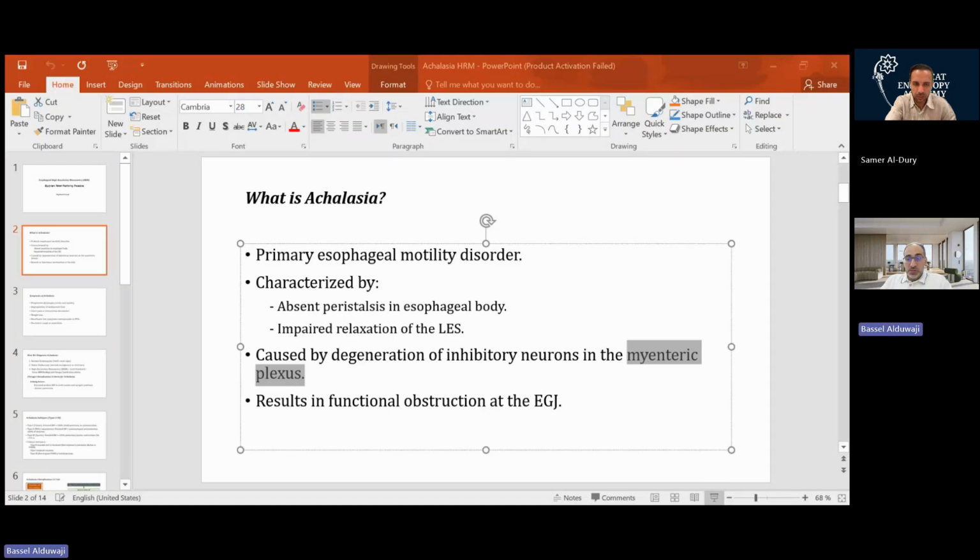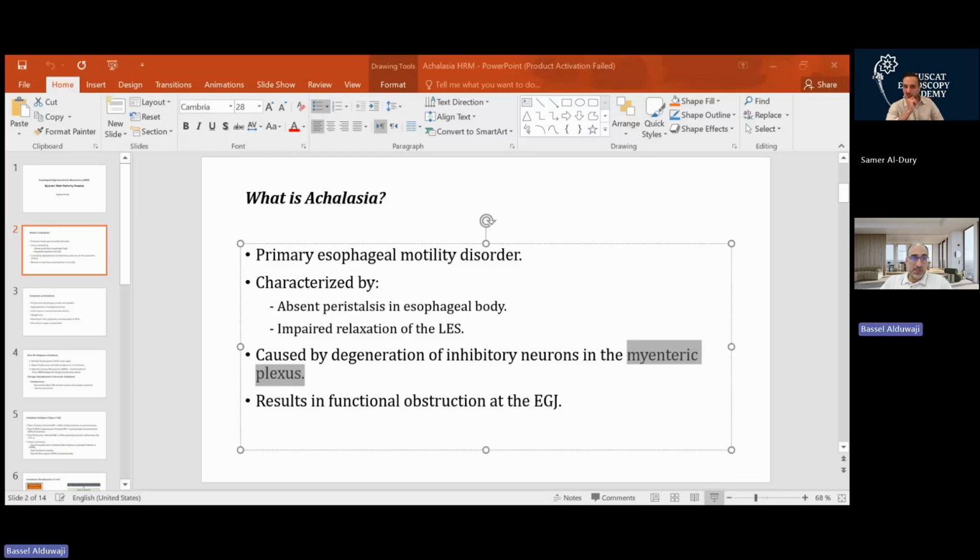Both of these two things should be present in achalasia. We will see later on how it will look. And you also mentioned the cause behind achalasia, and for sure it results in functional obstruction at the EG junction.